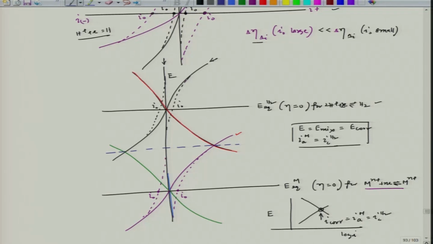So, at this condition as well as this condition, I C equal to I A, here also I C equal to I A. Since this becomes I C in this case, and in this case this becomes I C, and this is I A and this is I A.